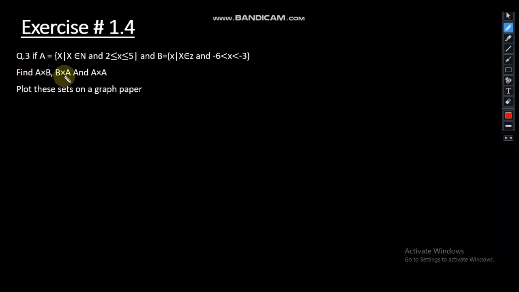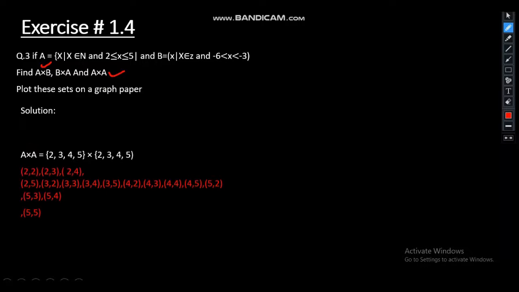Find A × B. Now we will find A × A. So these are both in the same solution. Now for the set A, we know the value of A from the previous question is 2 to 5, because x is greater than 2 and less than 5, which we can write in these numbers.